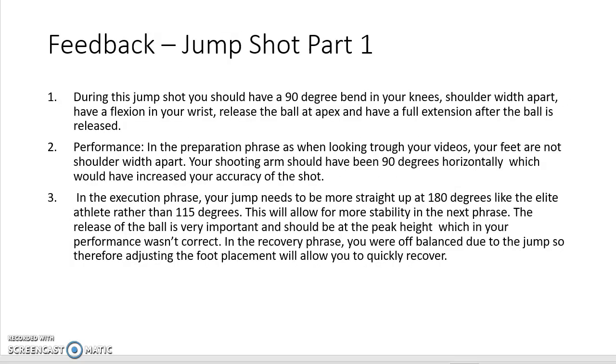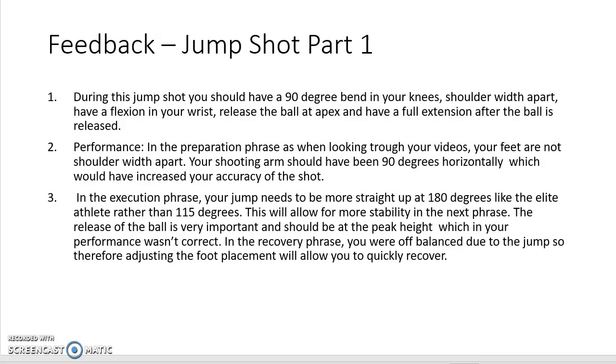For the feedback for this jump shot, you should have had a 90-degree bend in your knees, shoulder width apart, and had a flexion in your wrist. Release the ball at apex and have a full extension after the ball is released. However, with your performance, Jade, in the preparation phase, when looking through your videos, your feet are not shoulder width apart.